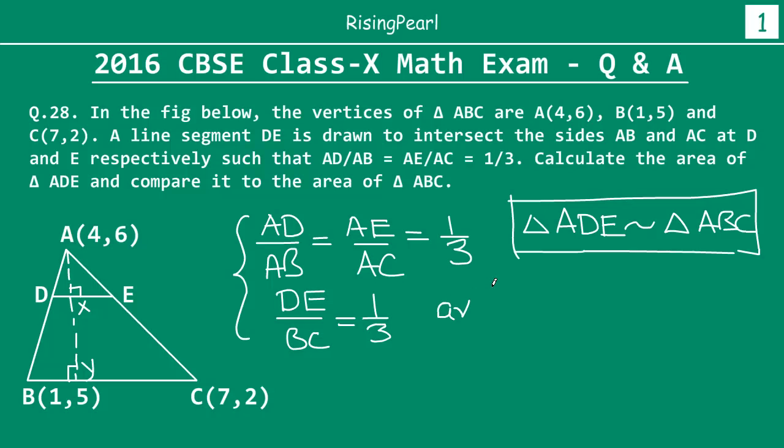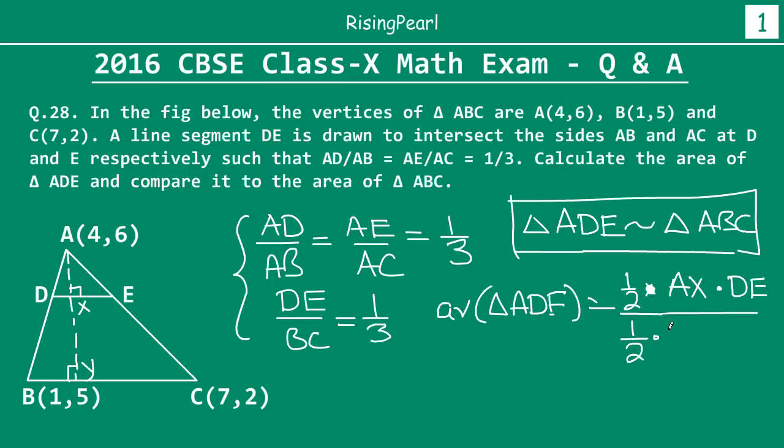Then the area for the smaller triangle ADE will be equal to half times AX times DE, and similarly for the bigger triangle it will be half AY times BC, or it will be basically the ratio of AX by AY multiplied by DE by BC.